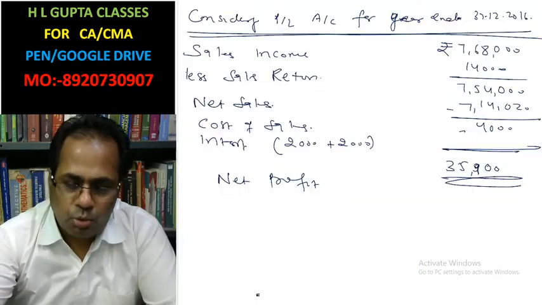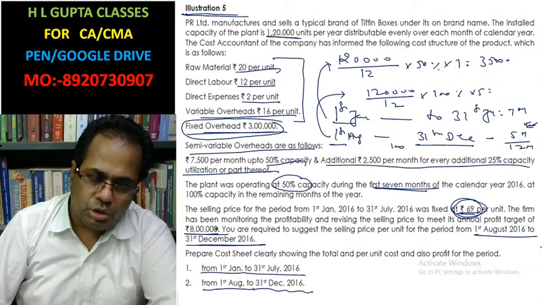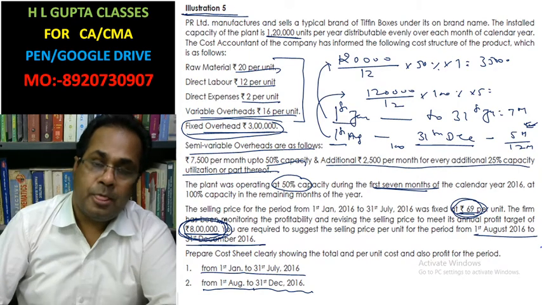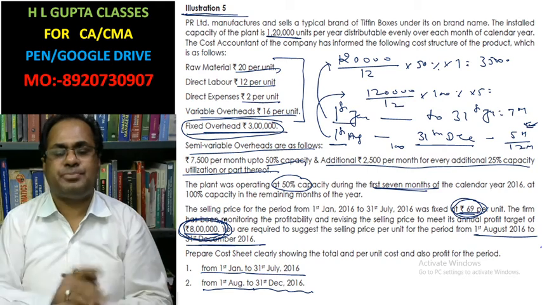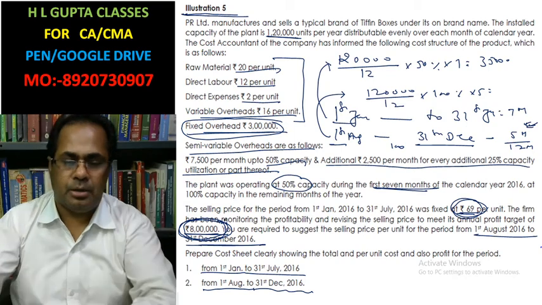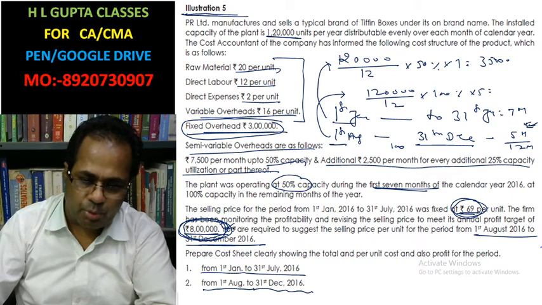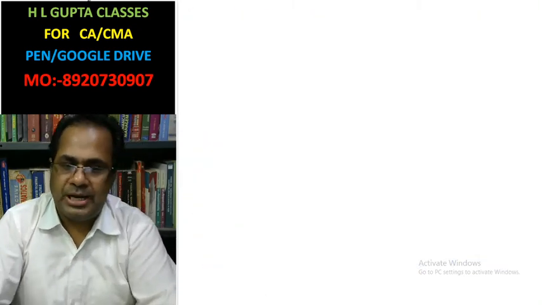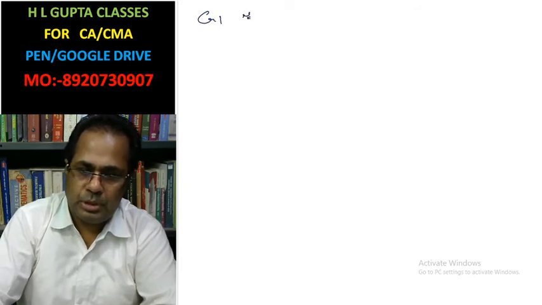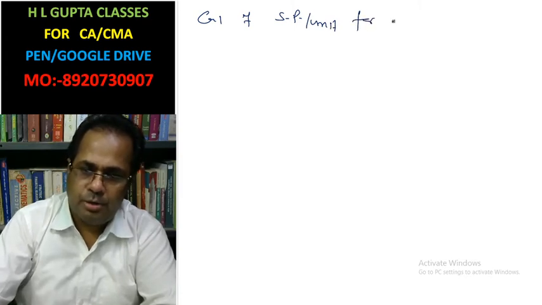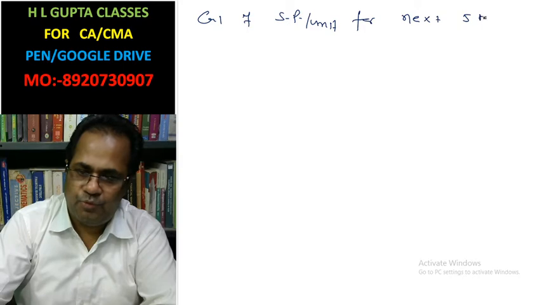Now, the question asks that the total annual profit should be rupees 8 lakh. In this case, what should be the price per unit for the remaining 5 months so that the organization can achieve this profit target? Calculation of selling price per unit for the next 5 months.